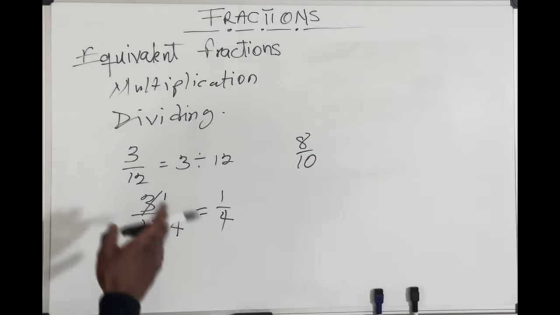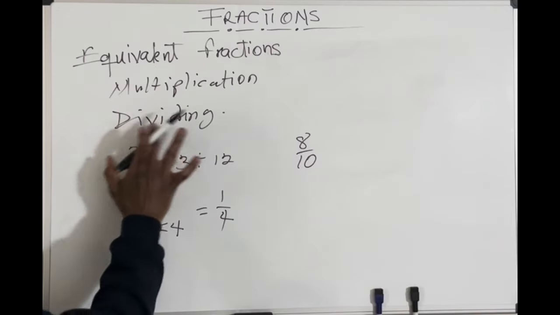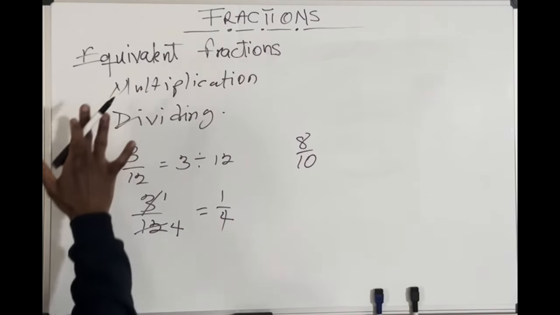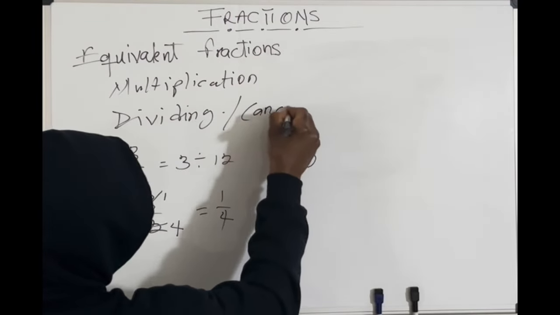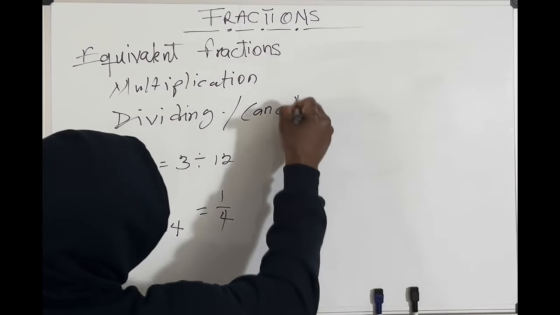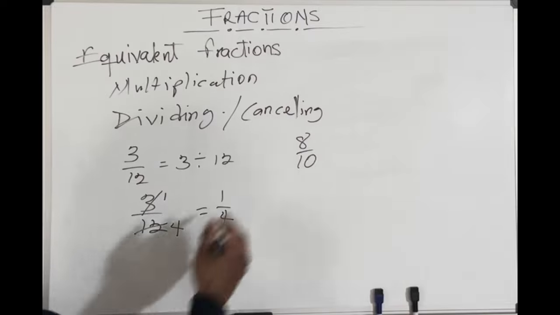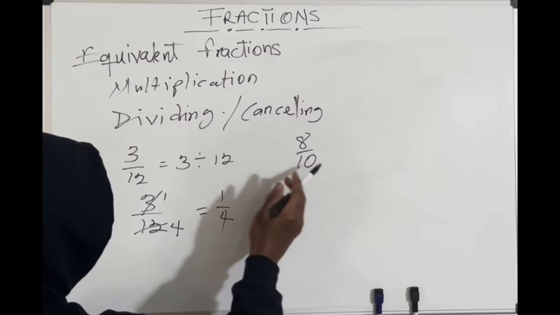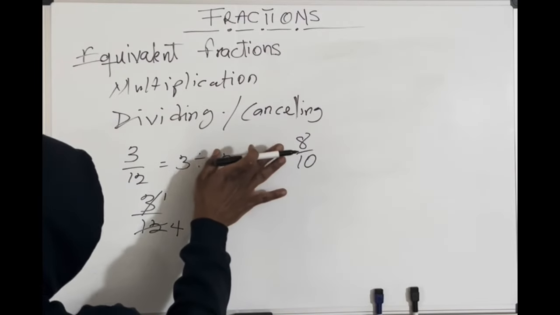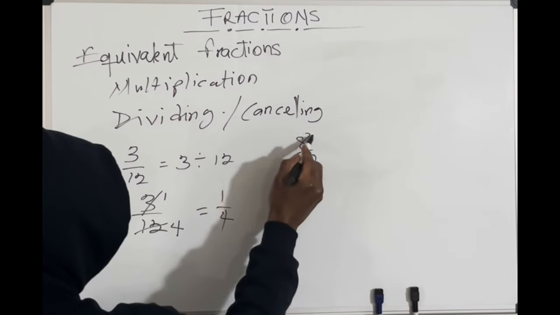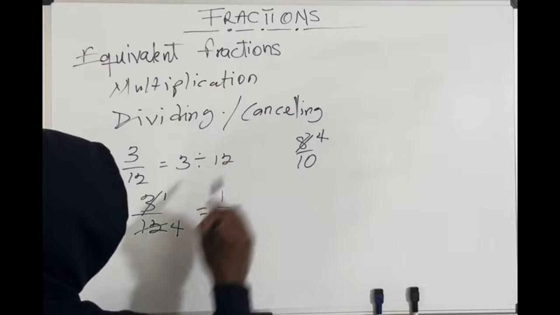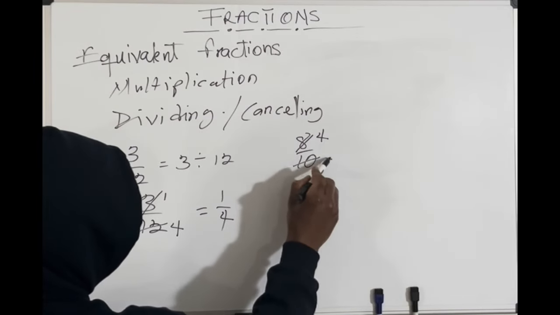So we are canceling. We are saying that division and that equivalent fraction can also be called canceling. So we are just canceling. And then one number will be able to go through 8 and then 10. I think 2, right? So 2 goes here, 4 goes here, 5.